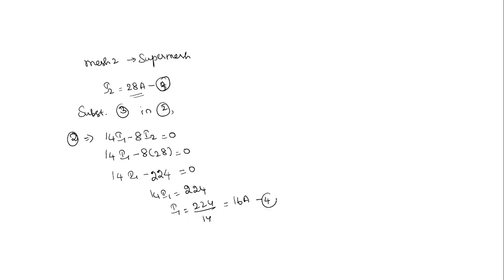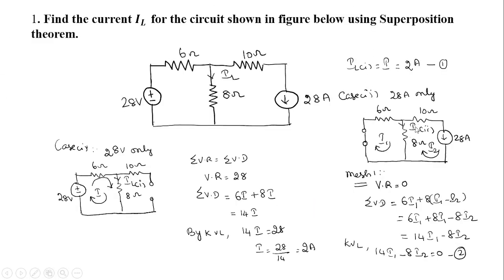Now if you see the case 2 circuit, here IL suffix 2 is lying in between two meshes. Through this branch, both I1 and I2 will be flowing. So this IL suffix 2 can be written as either I1 minus I2 or I2 minus I1.